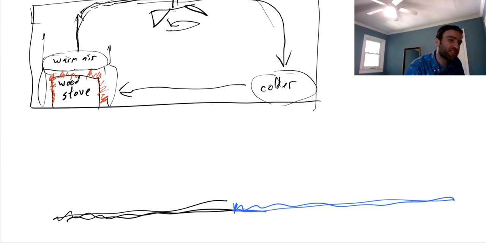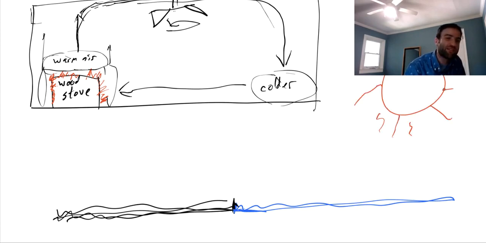Here's some land on, say, the shore, and up in the sky you've got the sun shining down. The sun's rays are warming up both the land and the water. But because of the way that the land absorbs the incoming solar radiation, the land warms up by more than the water warms up.